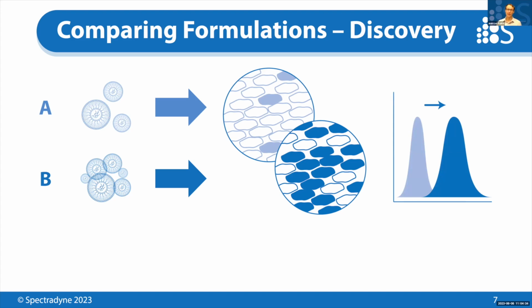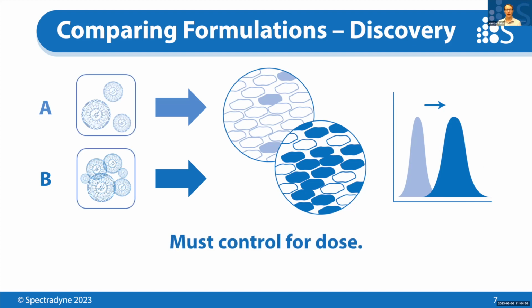So in this simple example, formulation A did not change very many of the cells to be fluorescent. Formulation B changed a lot of the cells to be fluorescent, and we're detecting that shift by, say, flow cytometry, schematically here, right? But not one scientist in the virtual room that we're in right now would do this experiment without first controlling for the amount of material that we put on the test system, right?